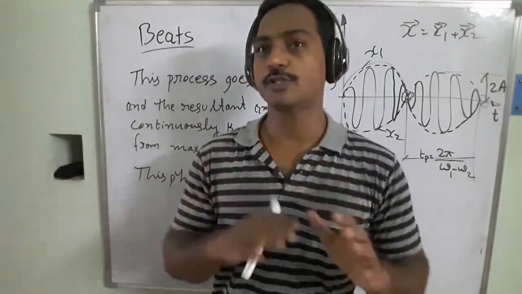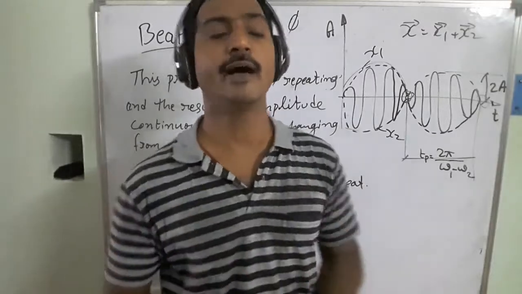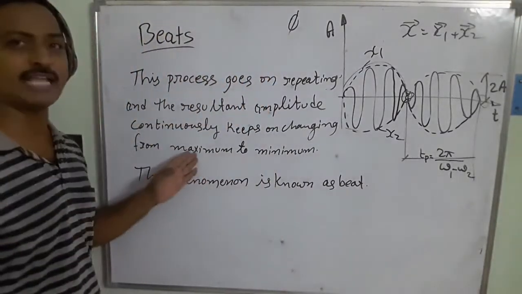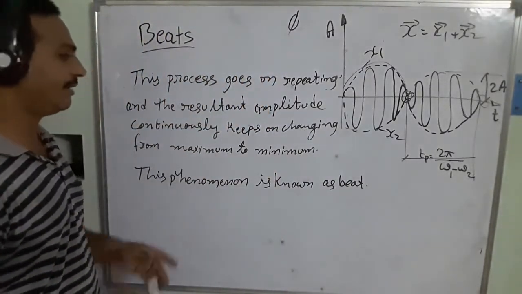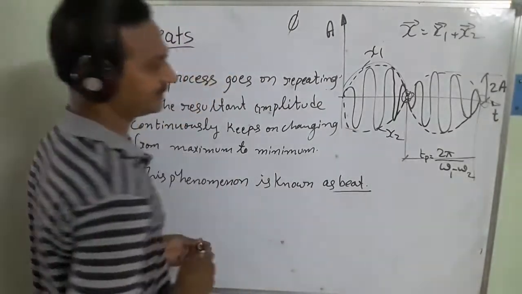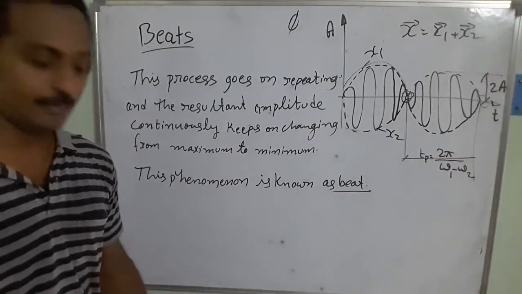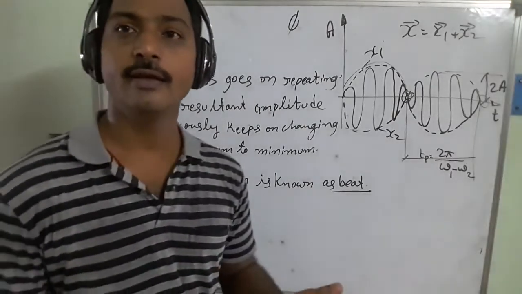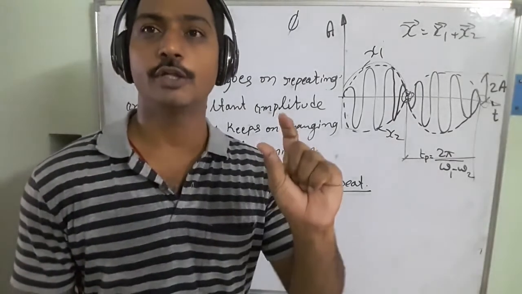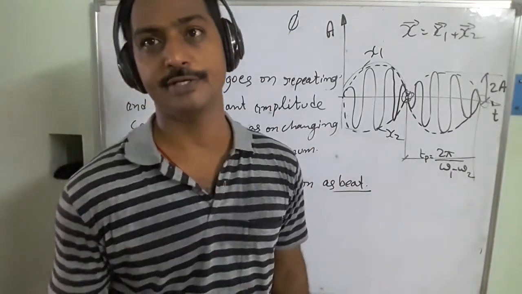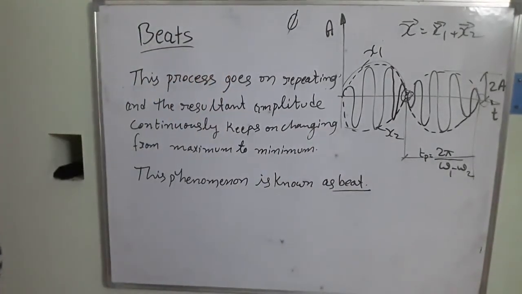This phenomenon is known as a beat. It is called a beat because it occurs at the interference of two harmonic motions of vibrations having different frequencies.